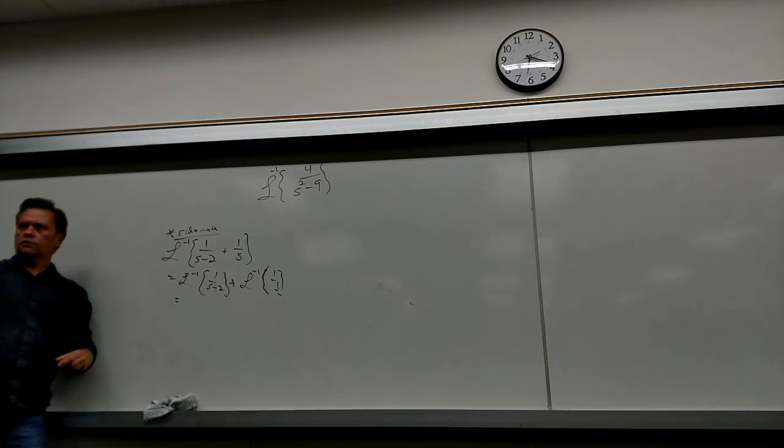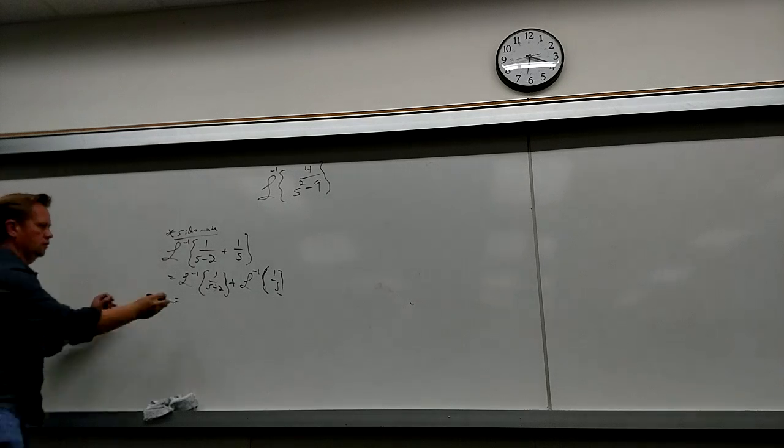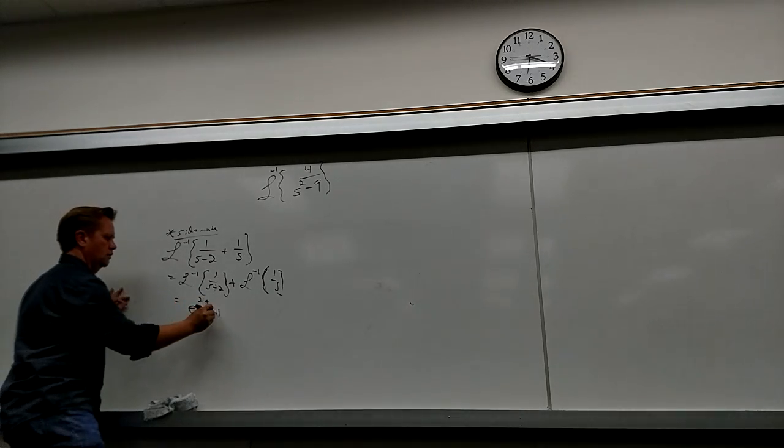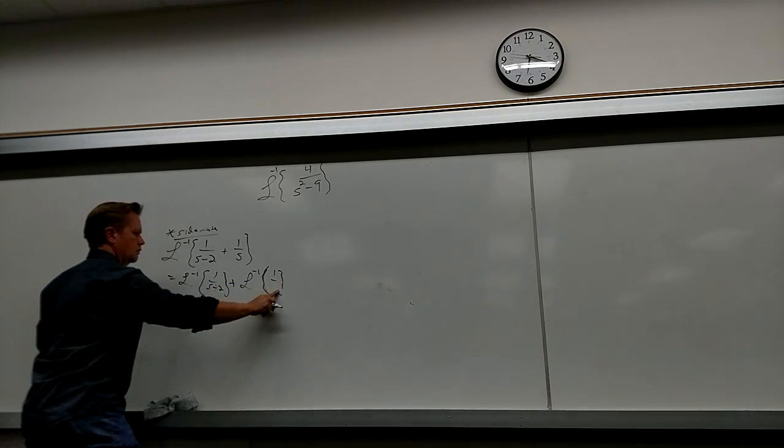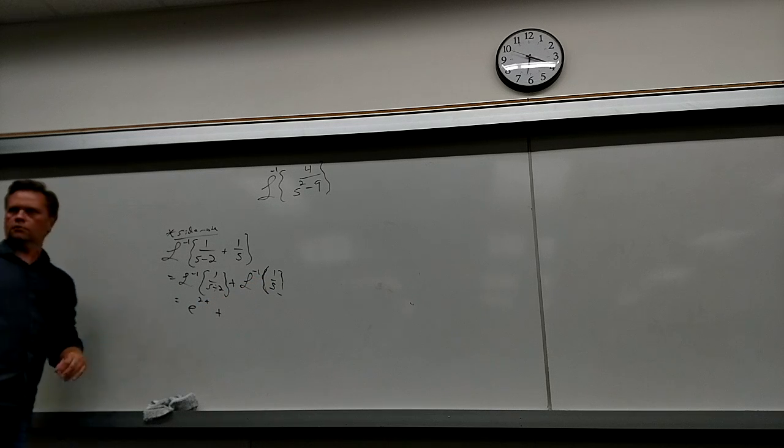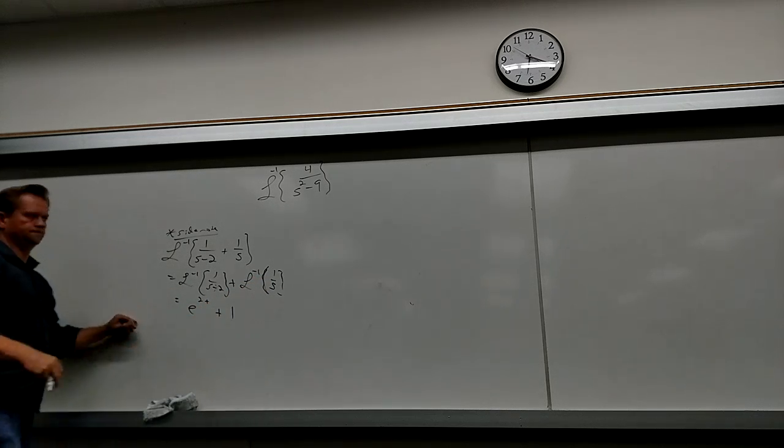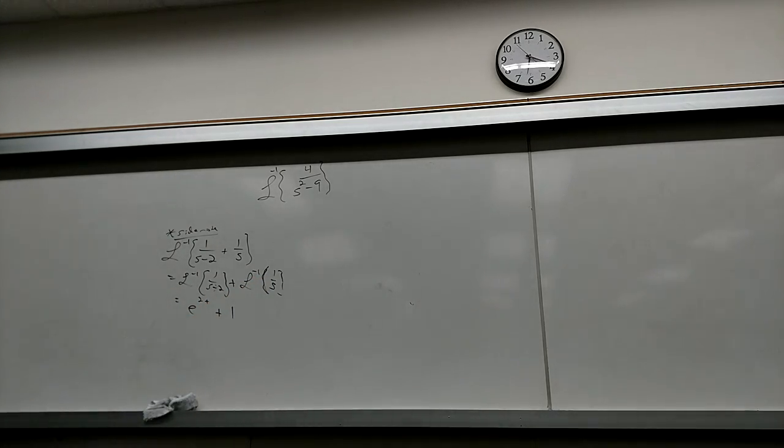That would be e to the 2t plus 1. Is that cool? If you break that apart, you end up with something like that. You can attack it piece by piece.